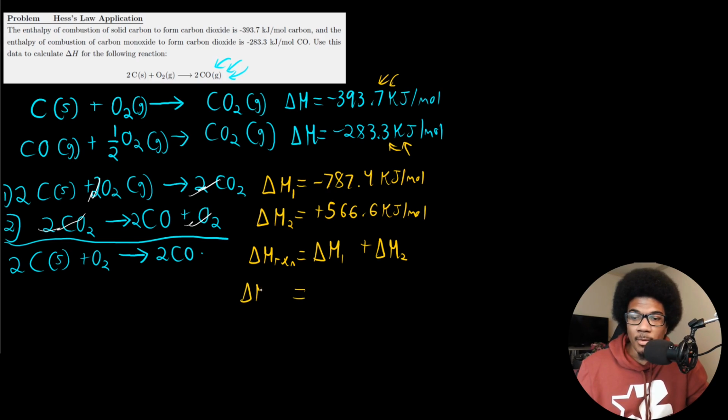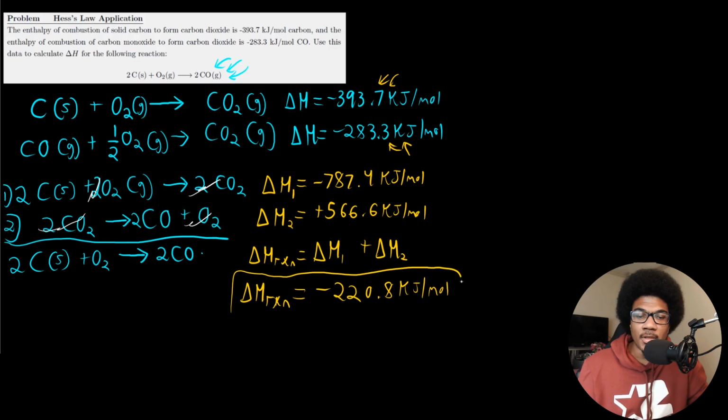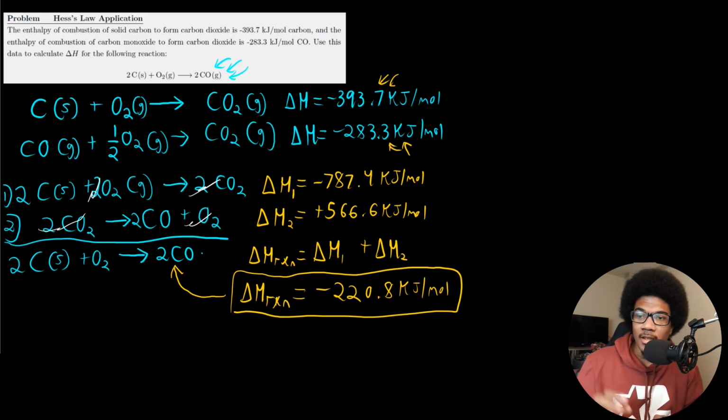So when you add both of those together, you get negative 220.8 kilojoules per mole. And so that gives us the enthalpy of this reaction, right? And we were able to solve for that because we were given enthalpies of combustion that gave us the enthalpies that we needed to just be able to solve for it through Hess's law.